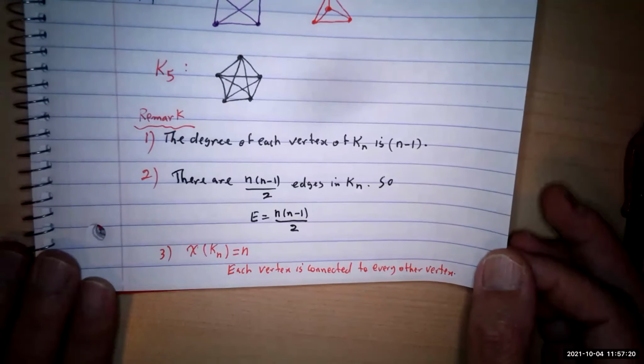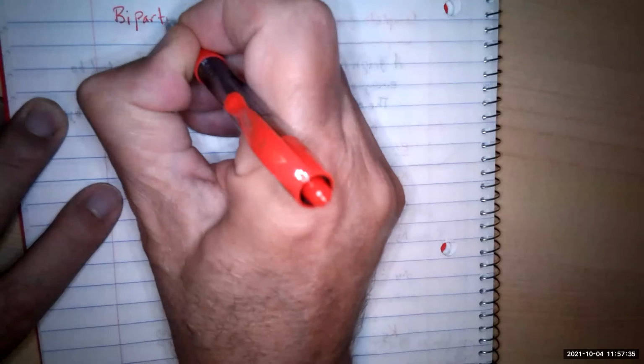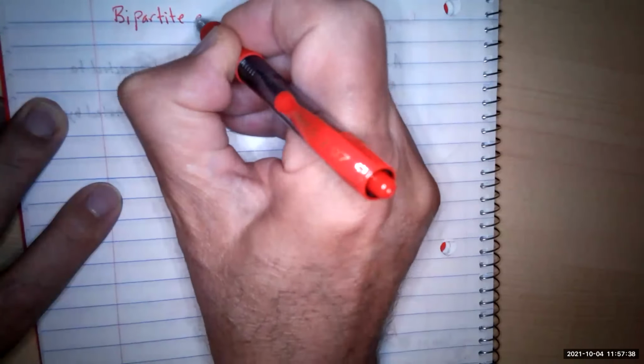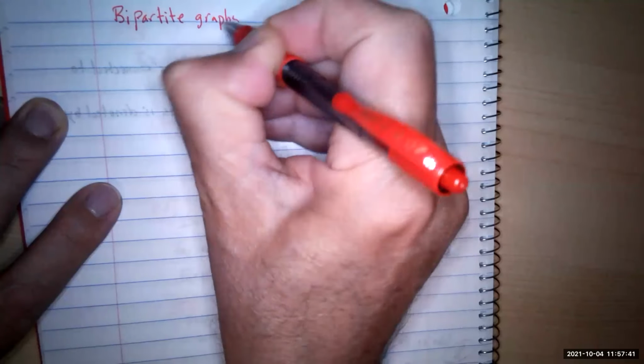Any question? This last one is called a bipartite graph. What's a bipartite graph? Sometimes you can partition the graph. The bipartite graph is like this: you have one graph, and you can divide the vertices into 2 parts.